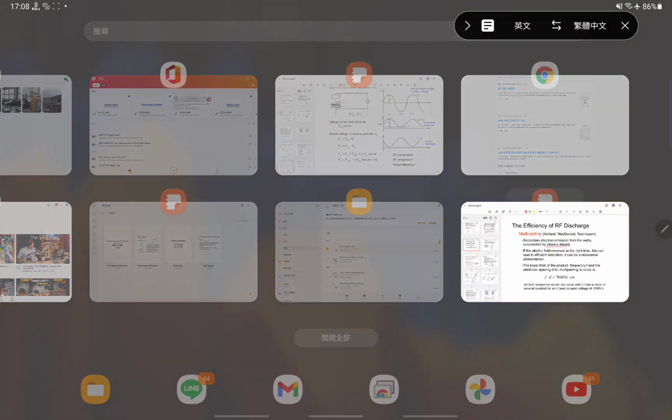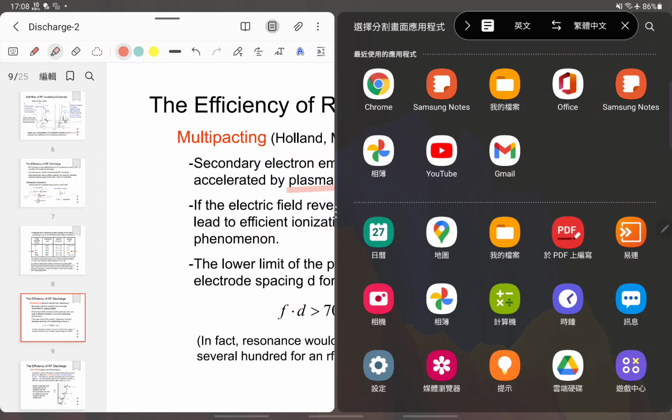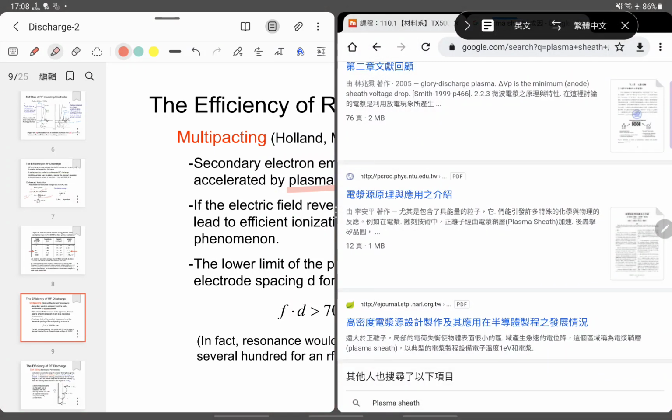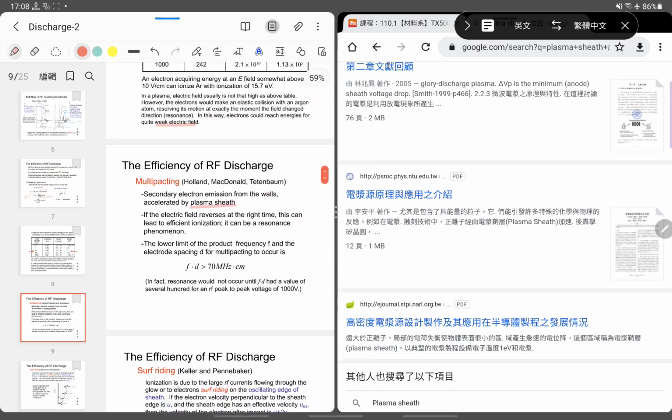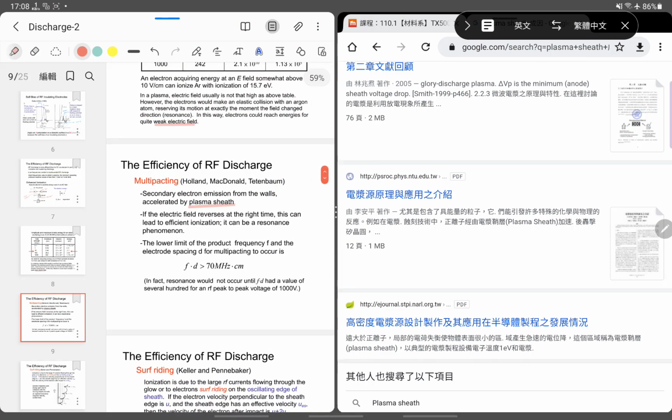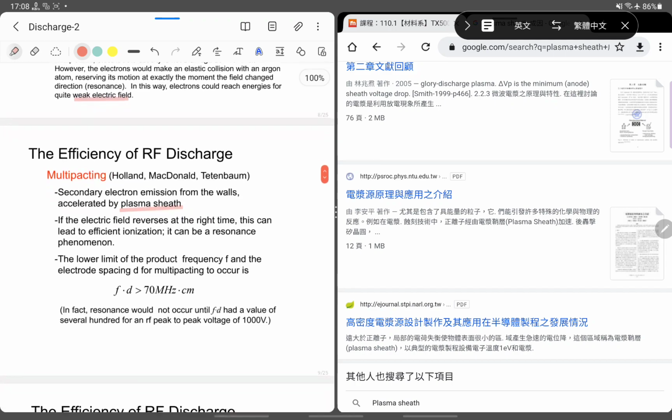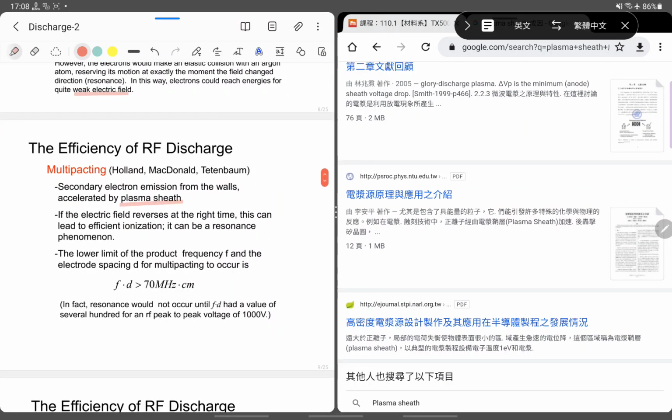Such a sheath might cause efficient ionization of the gas, because this moving sheath can increase the energy of electrons if the motion of the electron reaches a resonance state.